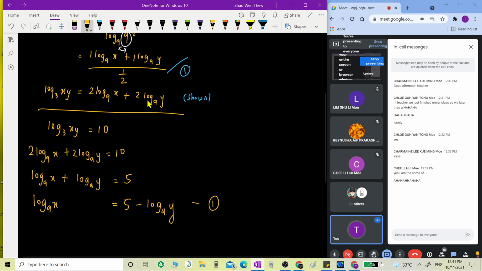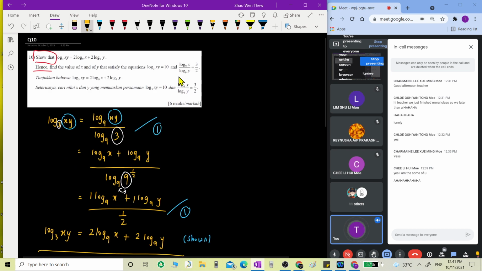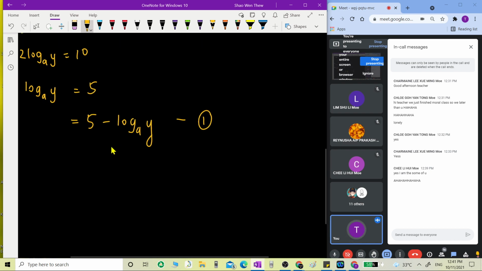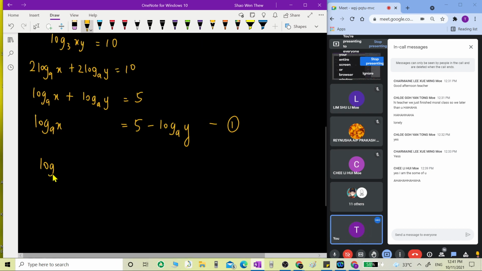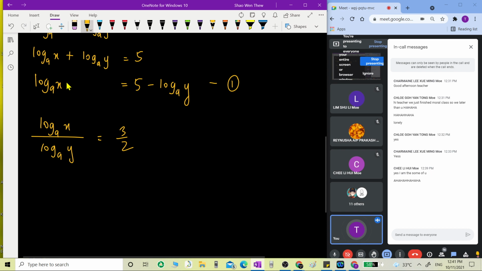Okay, first equation. After this one, then you copy this one, log 9x over log 9y equal to 3 over 2. Once you see this thing, we always do like this: one fraction on the left, one fraction on the right.